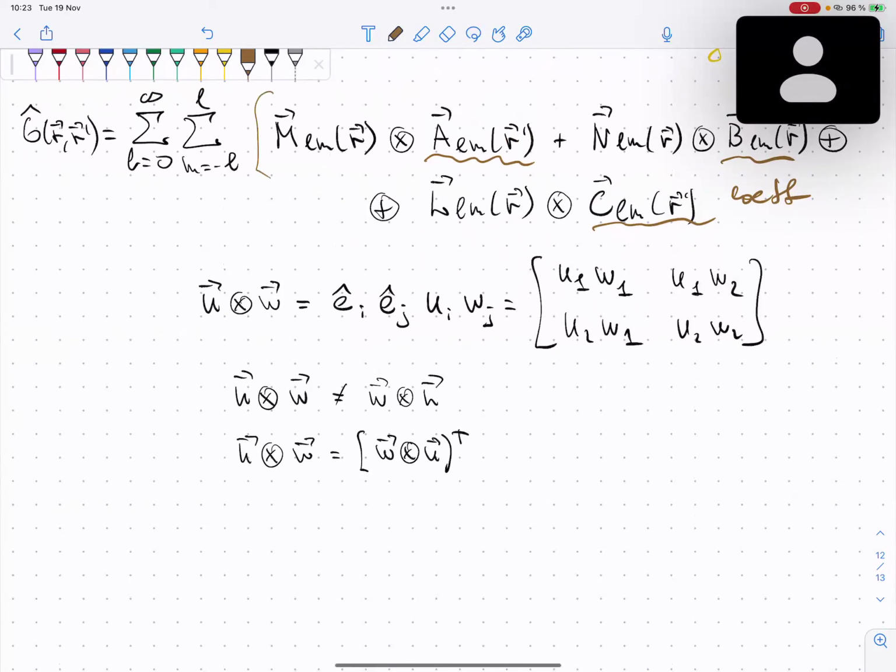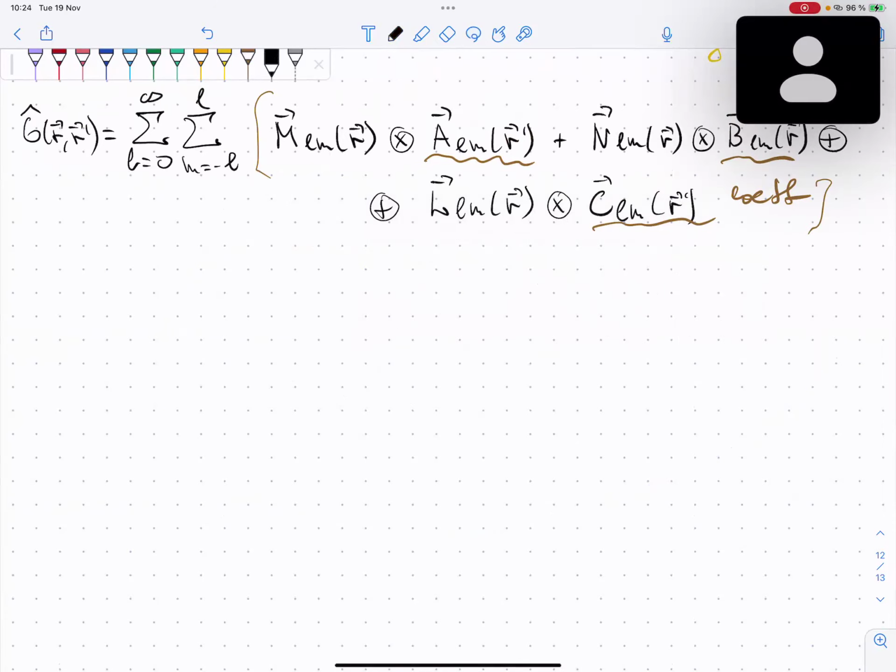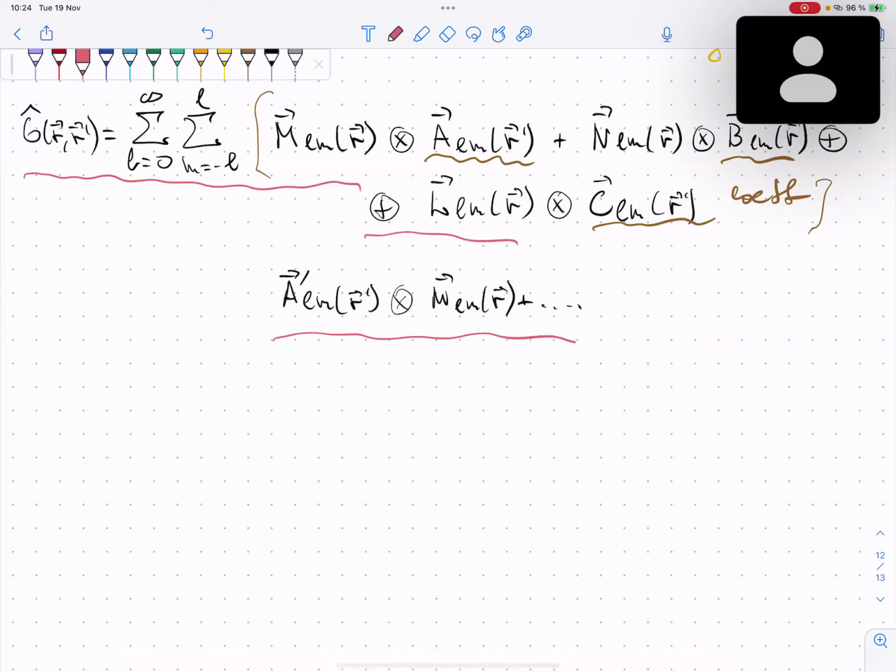But here we can write this expression like this: A_LM of R prime times M_LM of R, and so on. Let me note it as A prime. In the end, if we write it like this or like this, the Green function will still be the same, but these coefficients will be different.